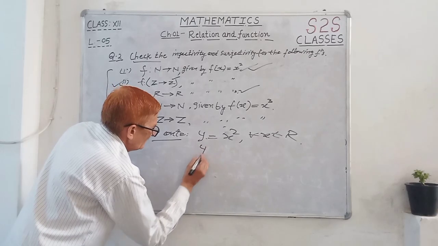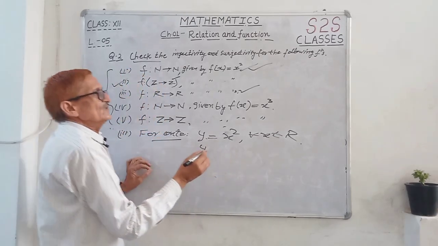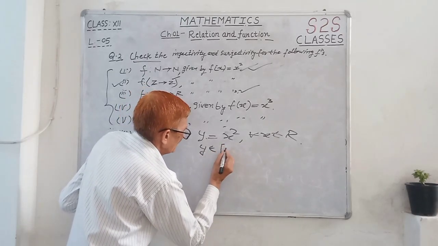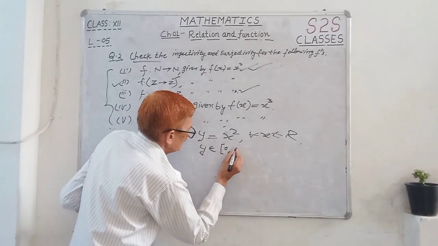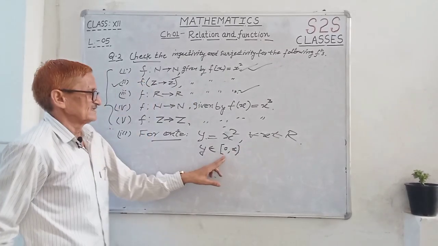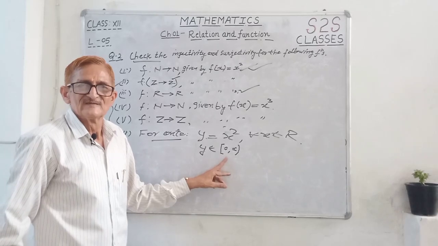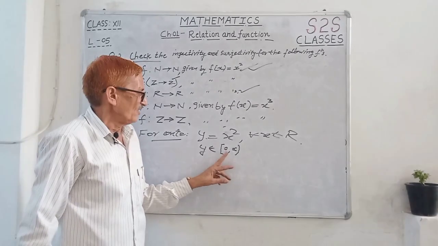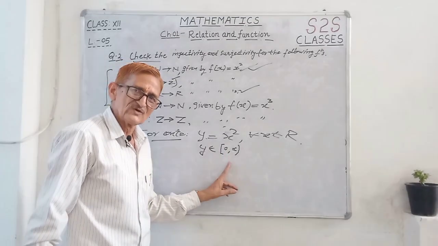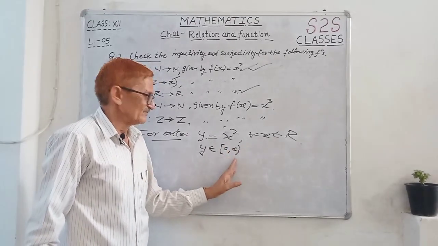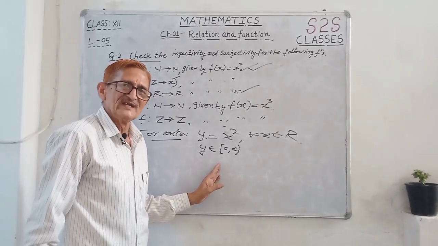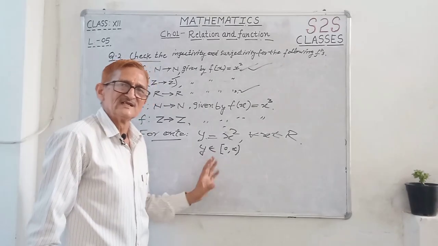Means we can say y belongs to the closed interval 0, infinity. What is the meaning of this set? This set means all positive real numbers including 0, the closed interval 0, infinity. If you want to write any real numbers, you write them by interval notation, interval form.